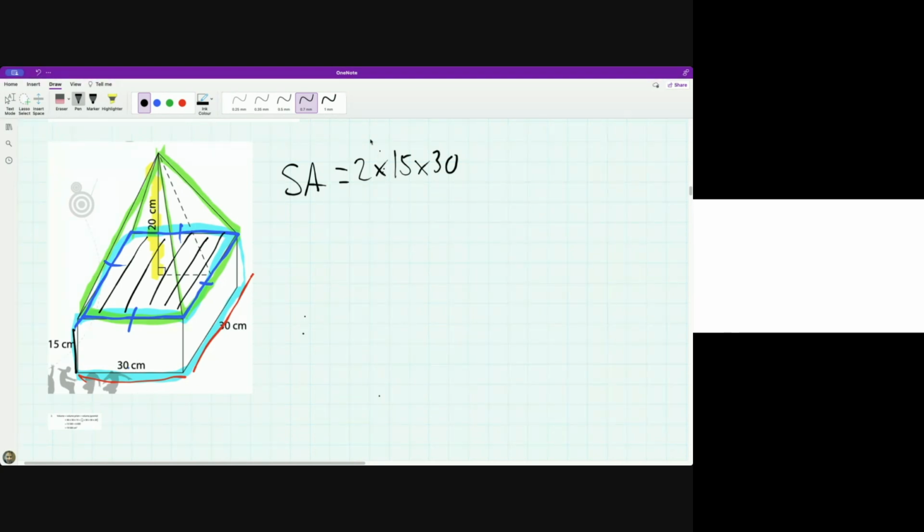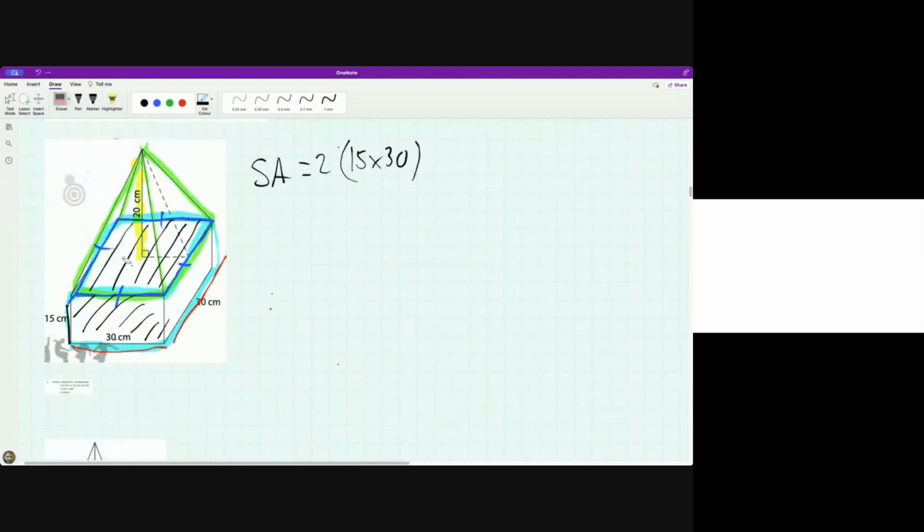So I'm going to say that this is basically this one, and it's matching the one at the back there. And then on the side, I'm going to have 2 times 30 times 15 again, or 15 times 30.